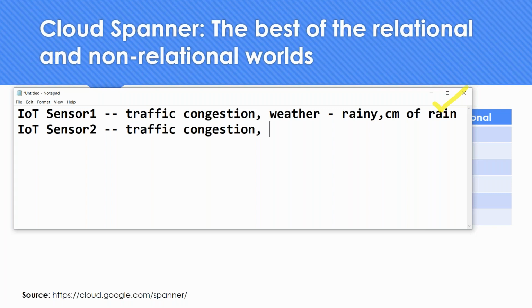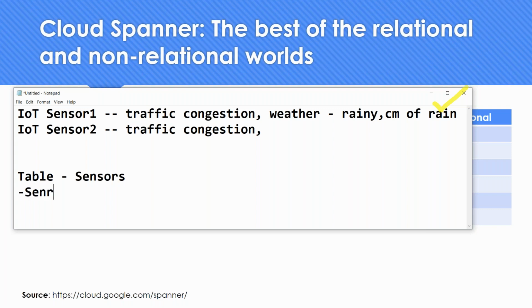So if from sensor 2 this field is not captured, both the sensors' information, or the telemetry information, should be stored in a table called sensors. Now, one row, assume only one data came.